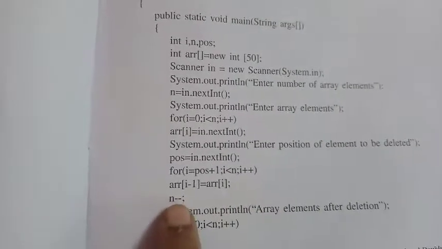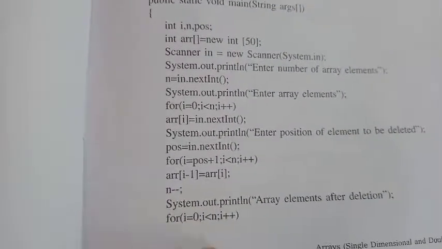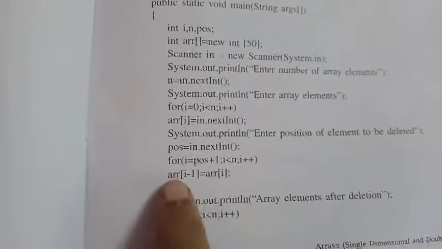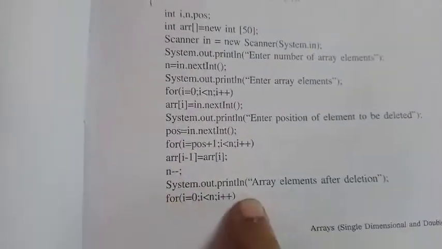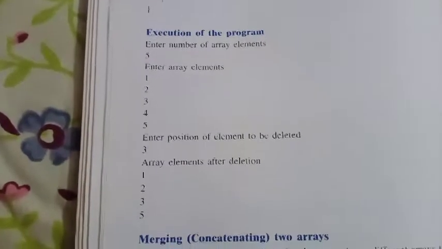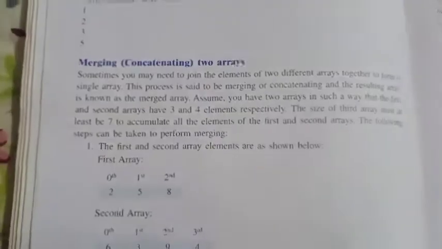So for that you are giving n minus minus. After that if you print, that particular position element will be deleted and all other elements will be printed here like this. Okay, now we will see the merging.